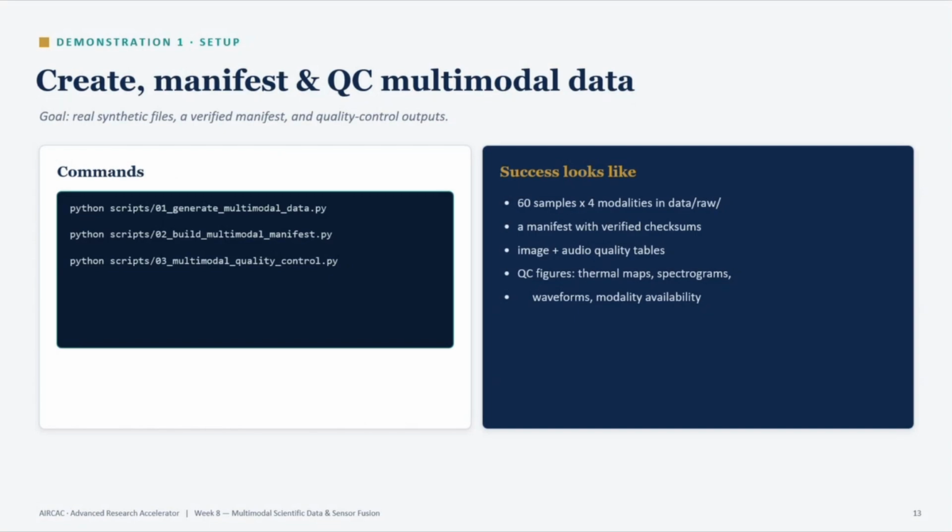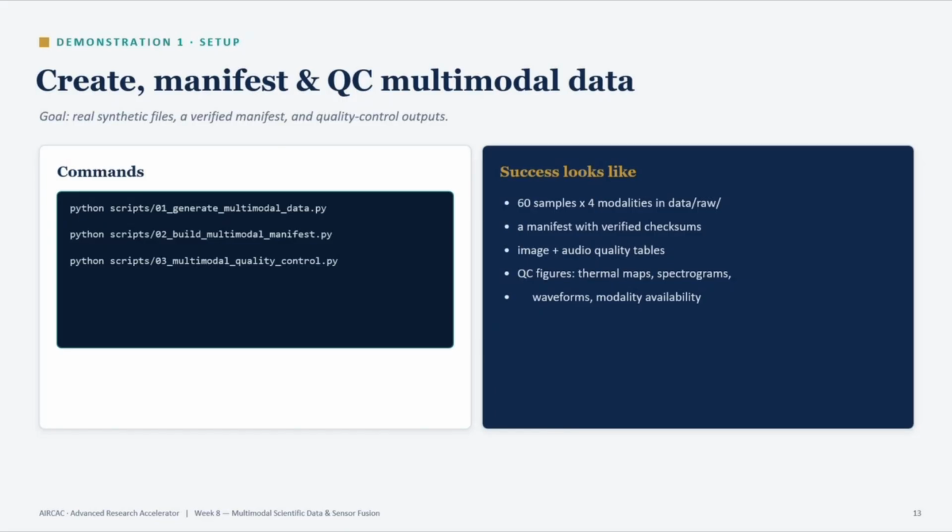Now let us move to the next step. For the first demo, we will generate our multimodal files, construct the manifest, and perform the quality control. I ran this code before.